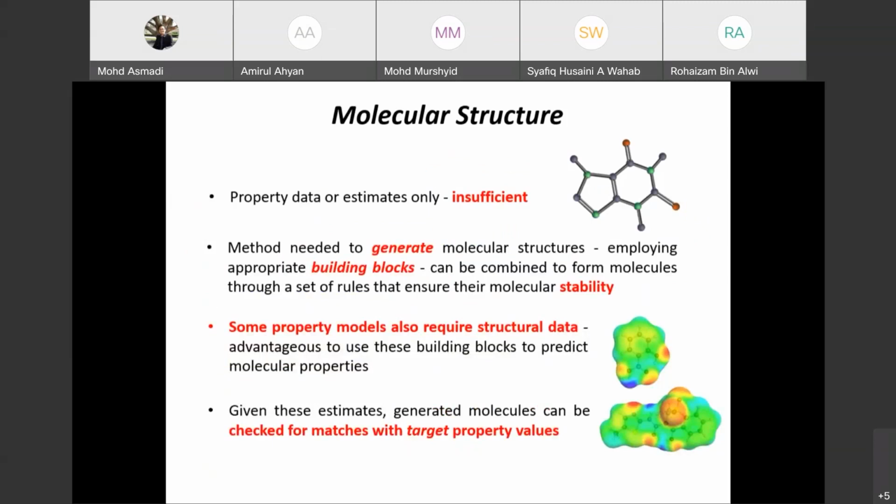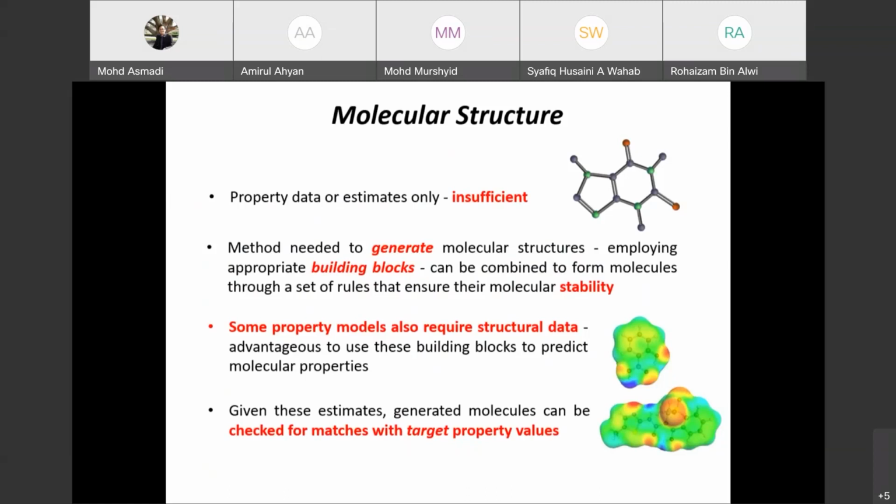Through a set of rules that ensure their molecular stability. So that is what I mean by the group of building blocks. You know the building block, such as a carboxylic acid should have a COOH, right? Alcohol has OH, right? And then combined with CH3, it is going to be methanol.